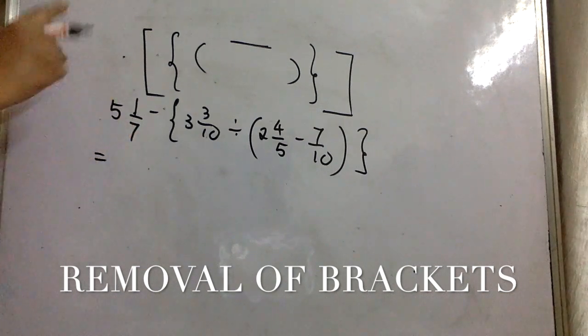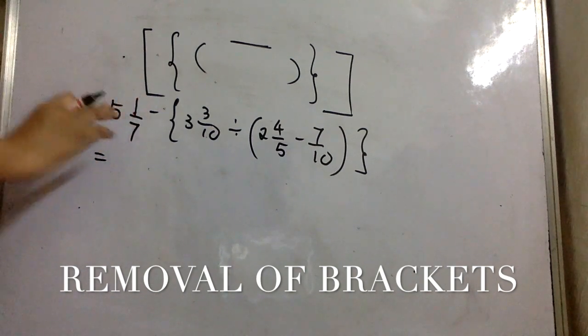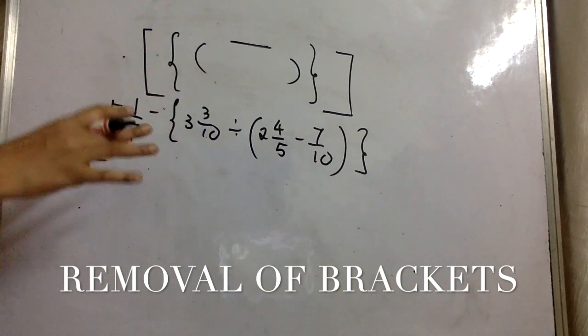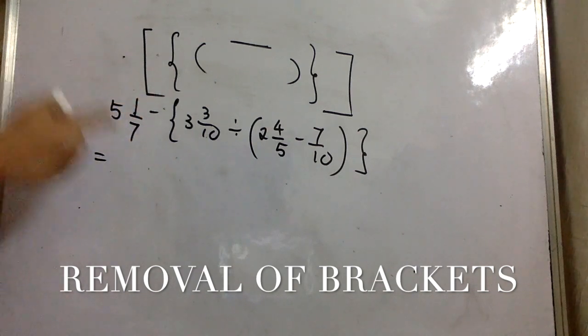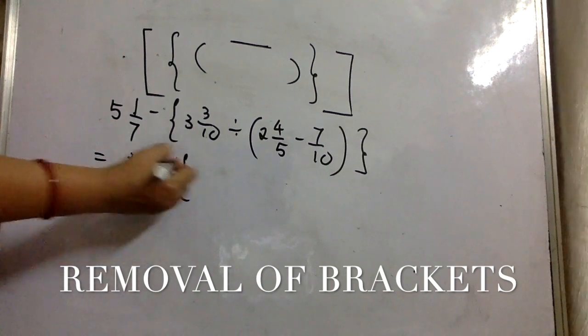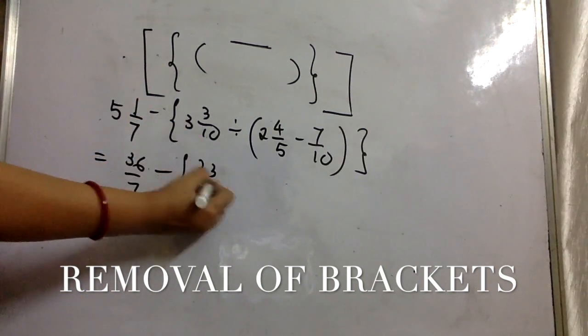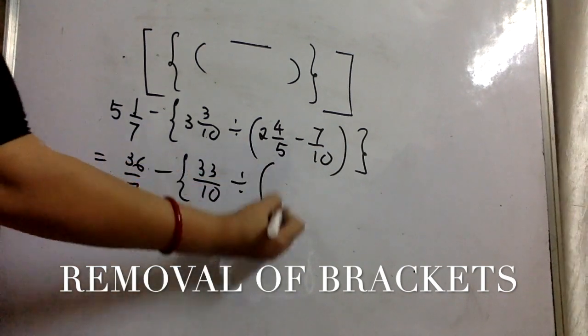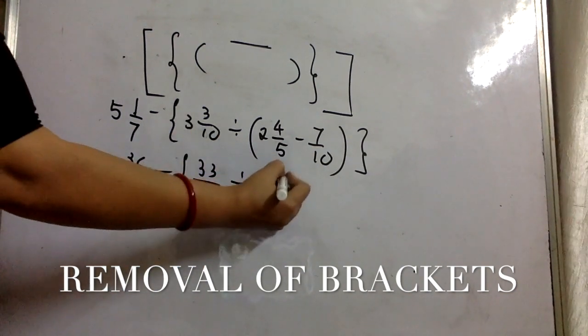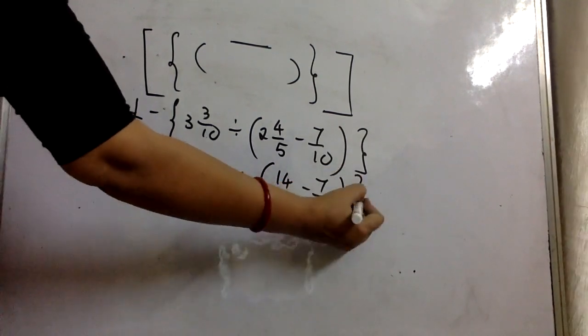Okay, very first thing, let's not look at the brackets at all. We will just work on the mixed fractions, okay, and convert all of them to improper fractions. 36 by 7 minus, keep writing the brackets as it is, this is 33 by 10 divided by, this is 14 by 5 minus 7 by 10, and bracket closed.